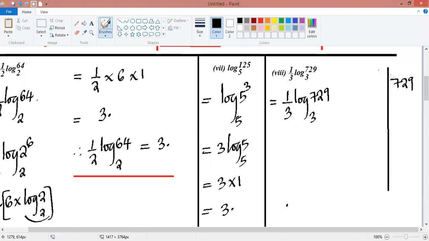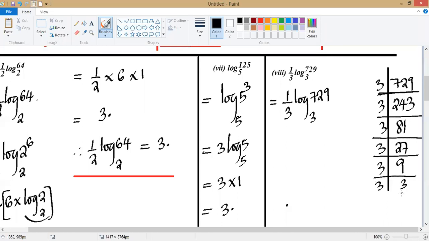You reduce 729 by 3, you get 243. 243 by 3 again, you get an 81, by 3 again that gives you a 27, by 3 again, I see a 9, by 3 again, 3, 3, then 1.